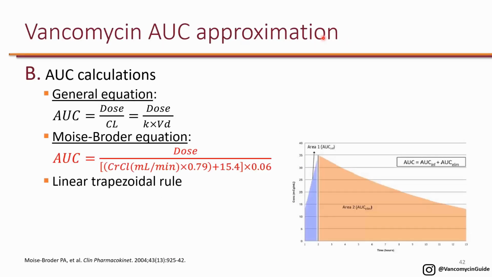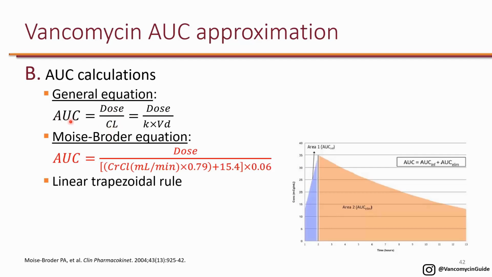So what else can we do to estimate AUC if trough is not really a good surrogate for AUC? One thing that you can do is use the general equation: AUC equals dose divided by clearance. Especially if you have 2 levels and you actually calculated the clearance in the patient, you know the dose and you know the clearance, so you can get the AUC.